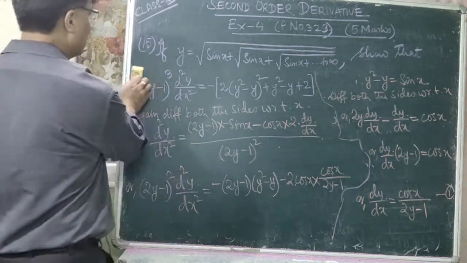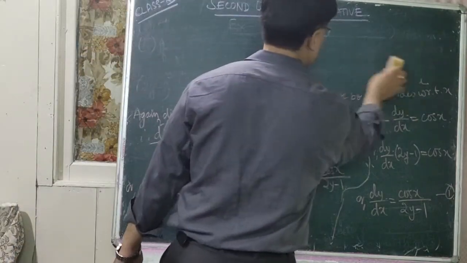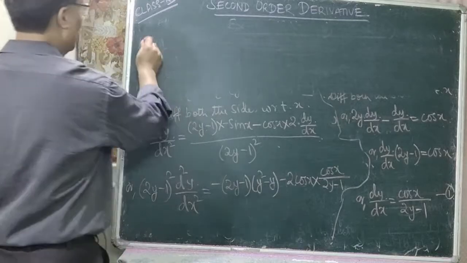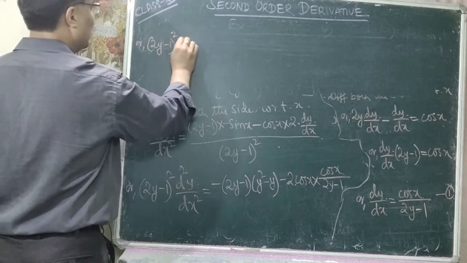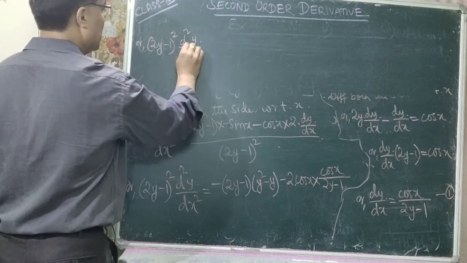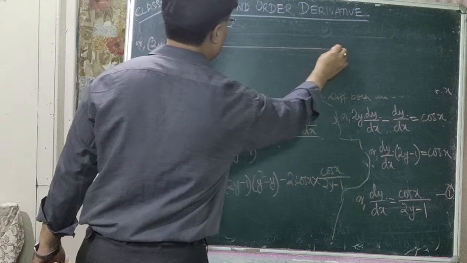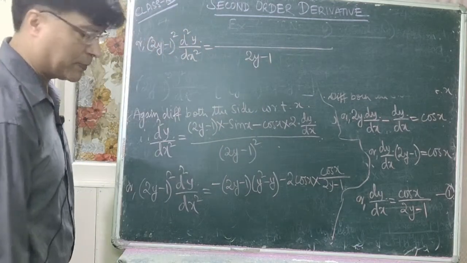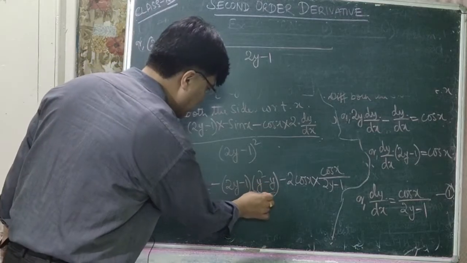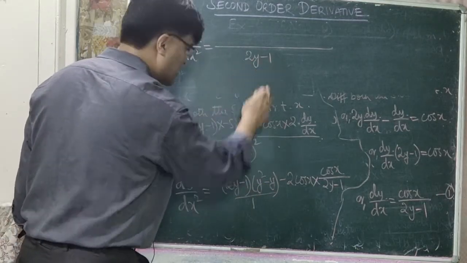So what's the LCM now? This is your 2y minus 1 whole square into d2y by dx square, which is equal to, on the right hand side, what's the LCM? This is your 2y minus 1 is the LCM. So below this expression there is 1 and this is your LCM. 2y minus 1 is divided by 1.